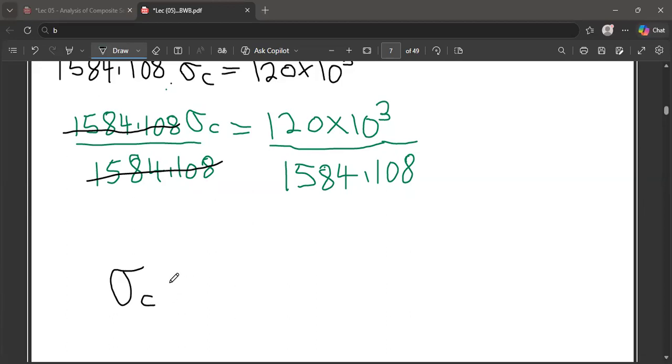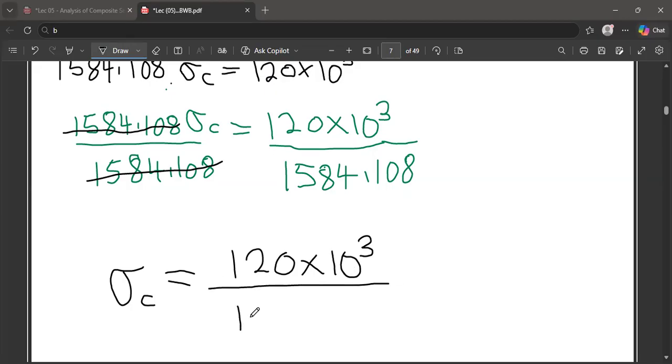The stress in the copper tube is now equal to 120 times 10 exponent 3 all over what? 1584.108. Yes, exactly. So this is it.